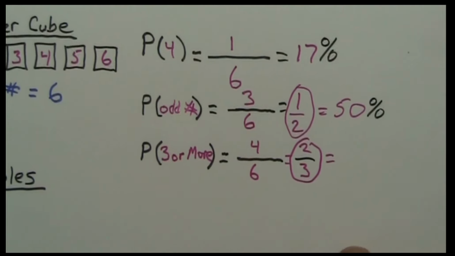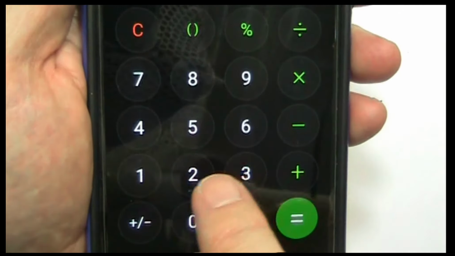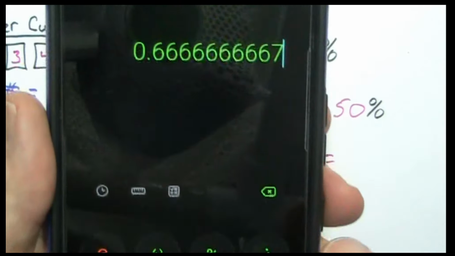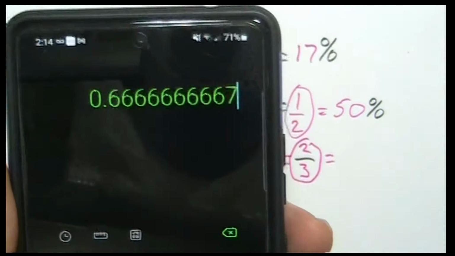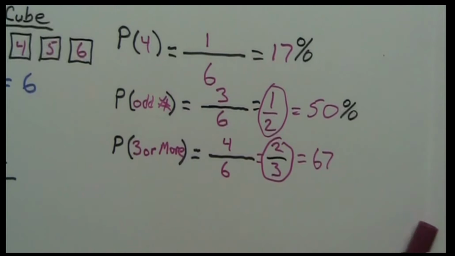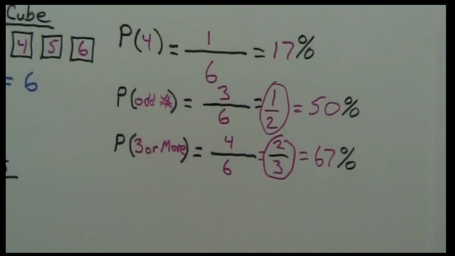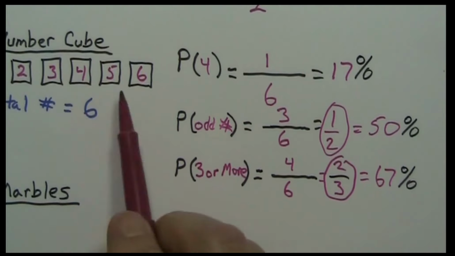And if you were to find that as a percent, I'll divide 2 by 3, and you can see it right there, 0.66, that's 66.6%. Let's just call it 67%. Okay, so now you should know how to find the probability of any numbers on a number cube.